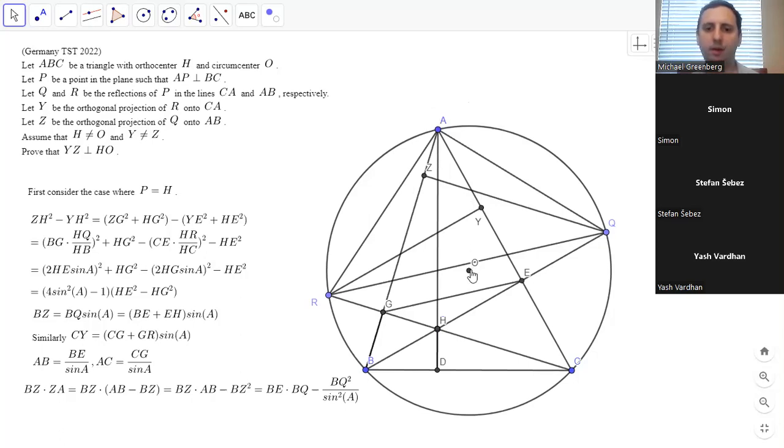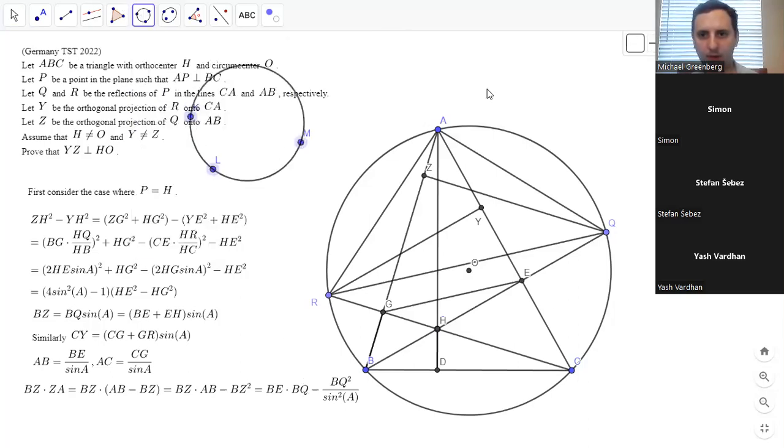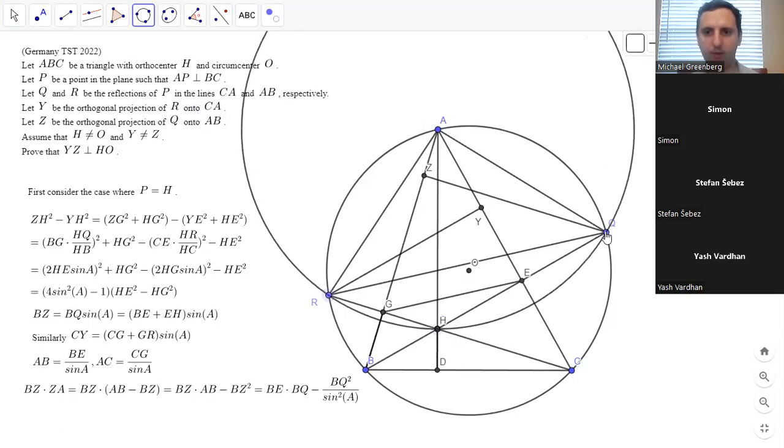So yeah, ARH is isosceles, and we know angle GAH is angle EAO. That could help. I feel like it might also help. I haven't used that A is the circumcenter of this.